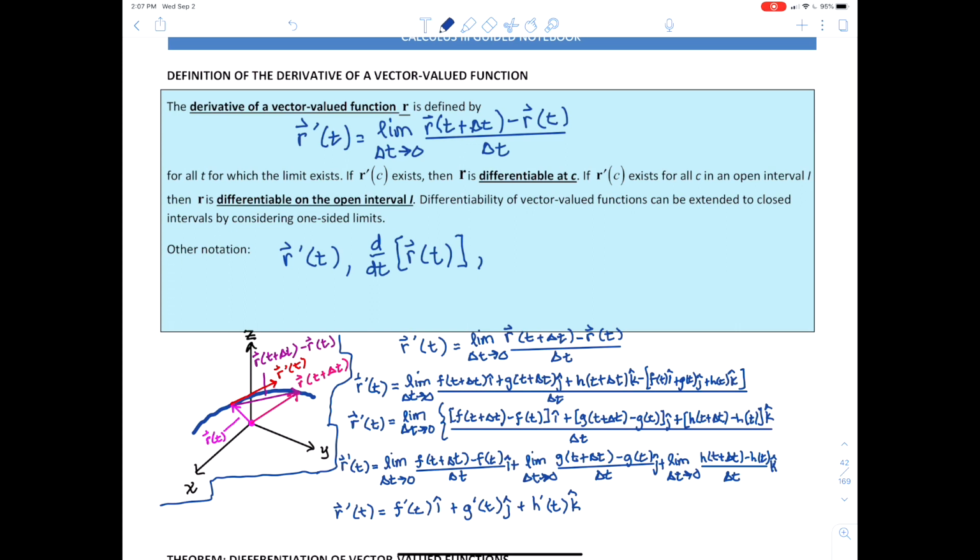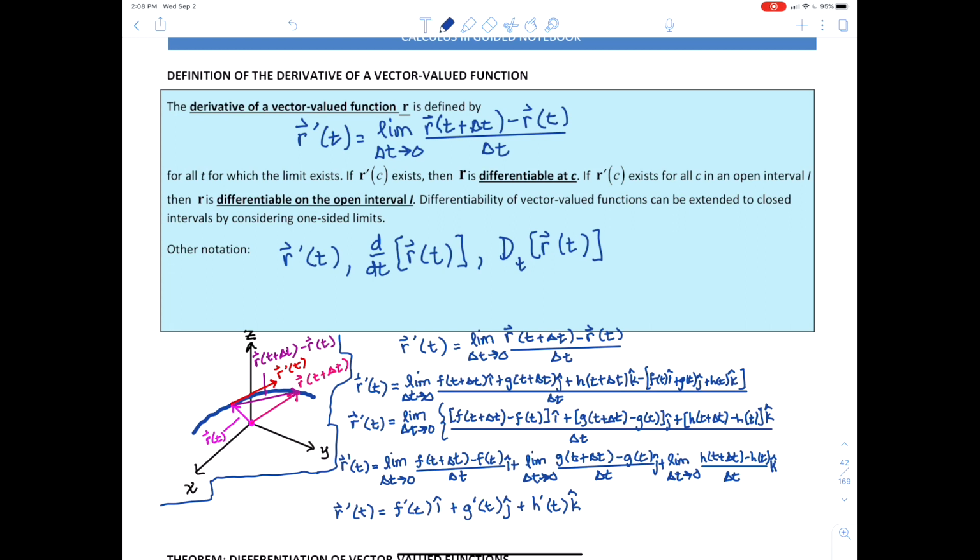And then you can also have this capital D sub t r at t. So depending on, often, the class or the instructor, you'll see different notation. Cool? All right, very good.